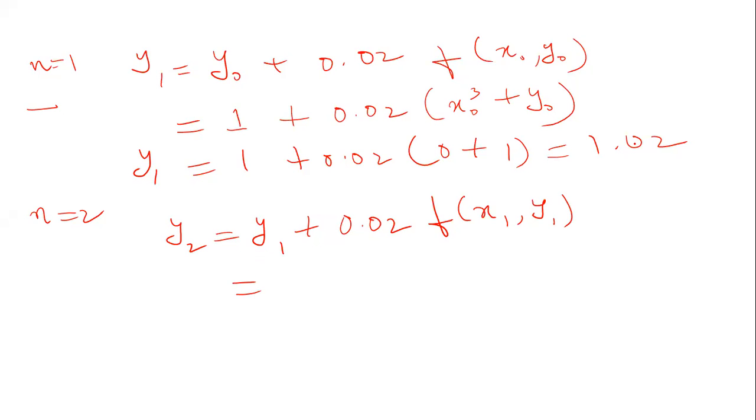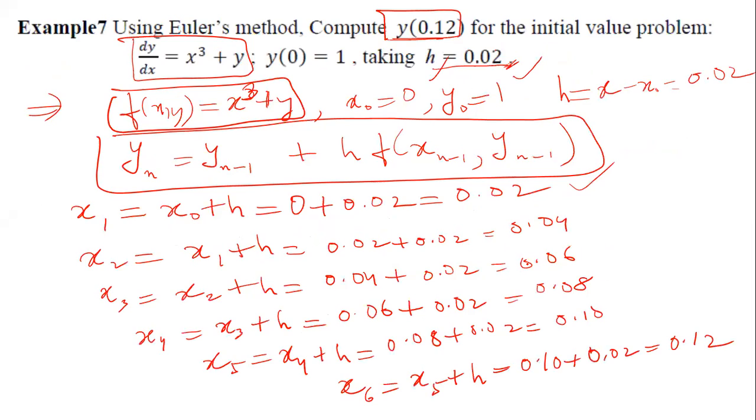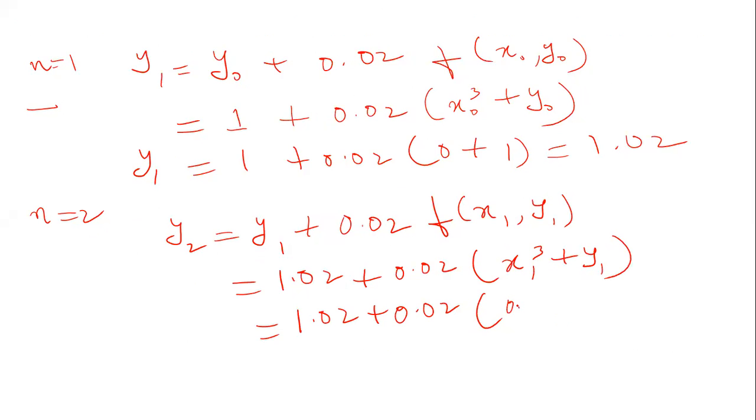So y1 is 1.02 plus 0.02 times x1 cubed plus y1. We have already calculated x1 as 0.02, so 0.02 cubed plus y1, which is 1.02. I have to calculate this using my calculator.